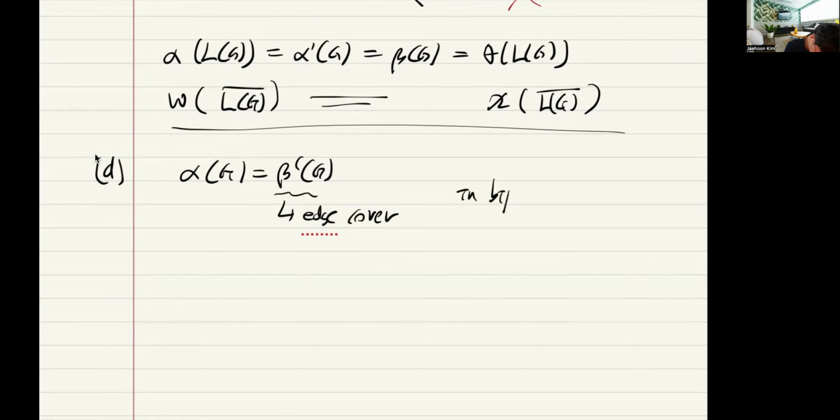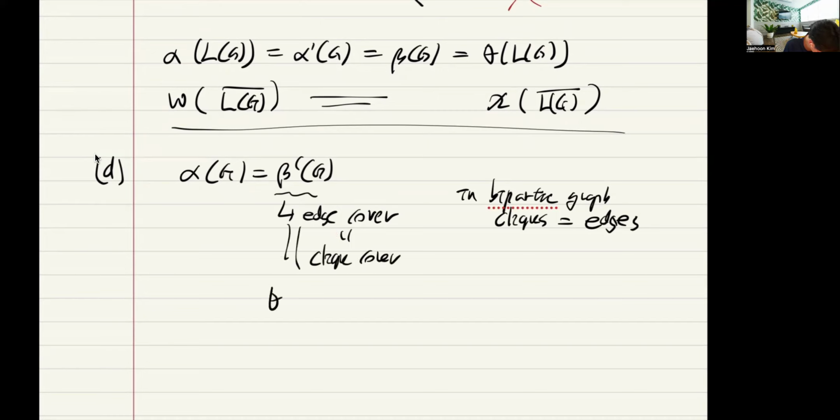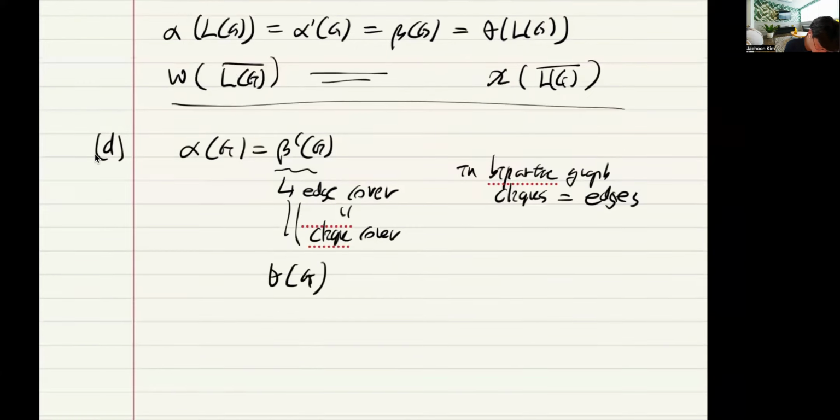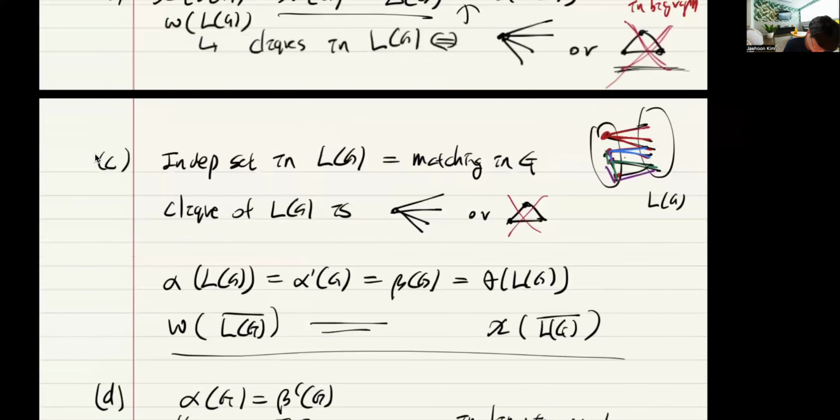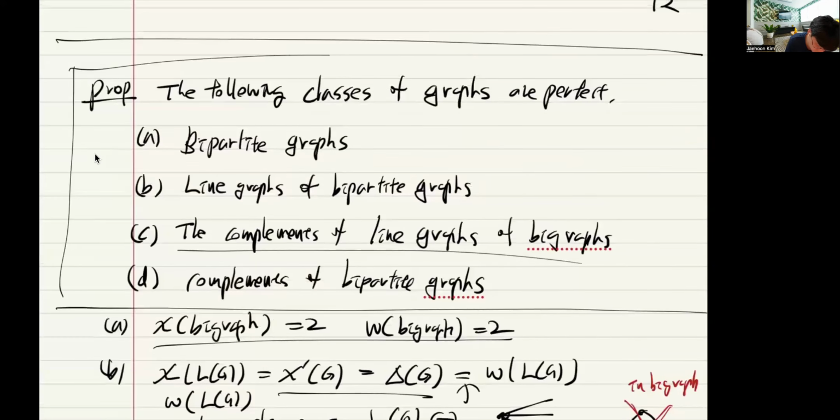In a bipartite graph, cliques are all edges. There are no larger cliques. The edge cover is the same as the clique cover. So this is the same as the clique cover number of G. And alpha of G and the clique cover number are the same. That means this is omega of G complement. And then this is chi of G complement. So they are the same. So this is also perfect.